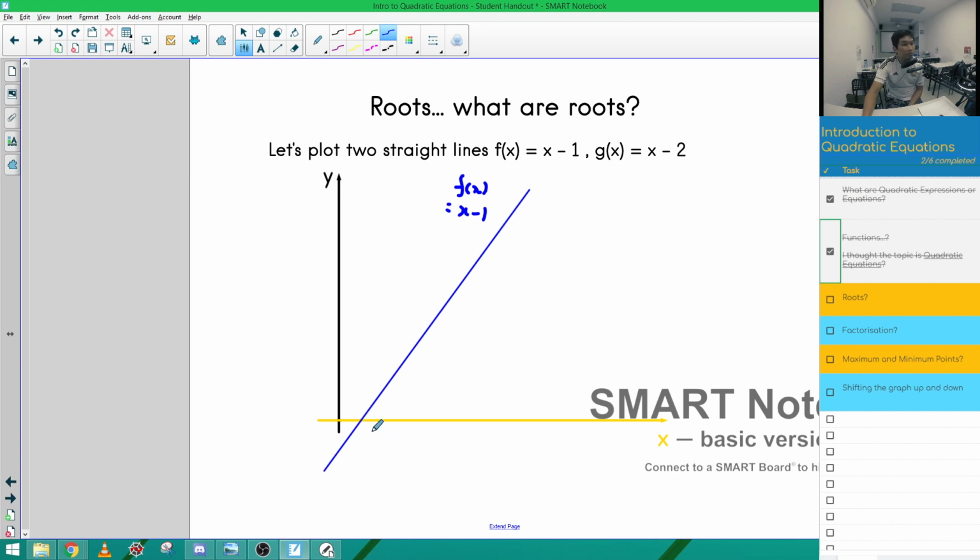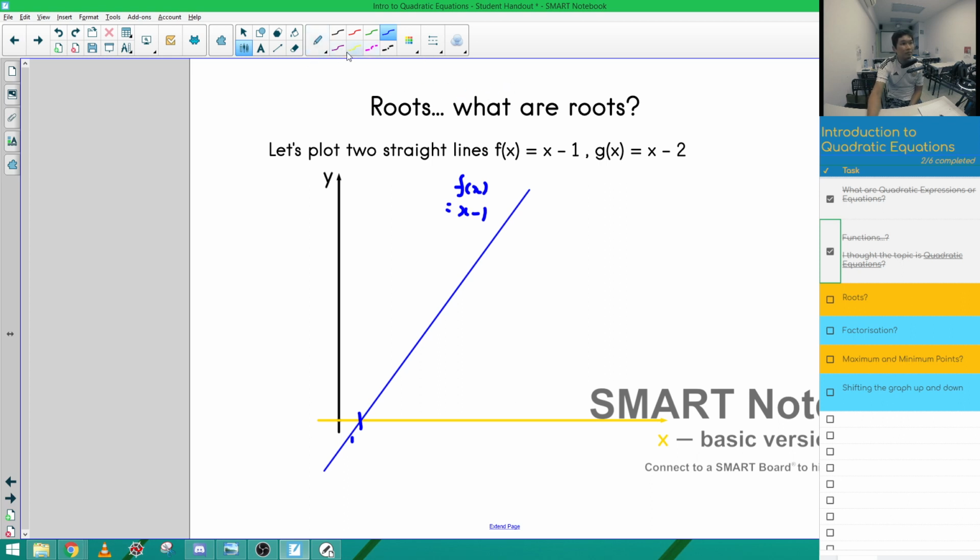Since we are interested in the x-axis, which is the ground, and where this graph cuts the x-axis, we know that this graph of f of x will cut the ground at 1. So we can say the root of x minus 1 is at x equals 1. That's where the root is.